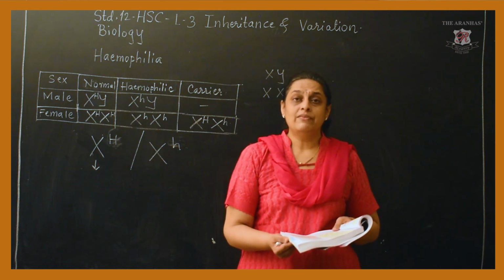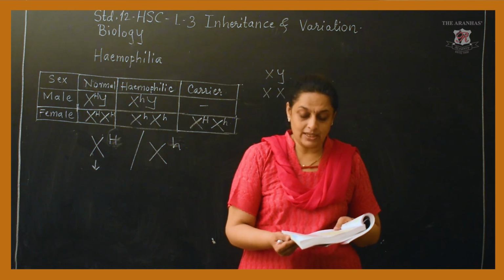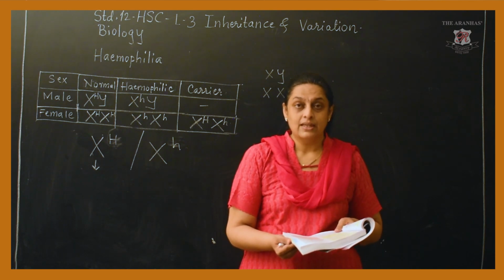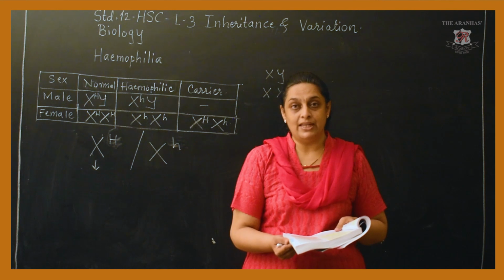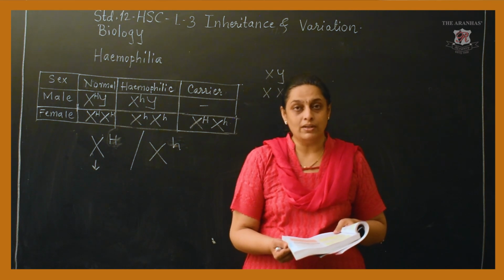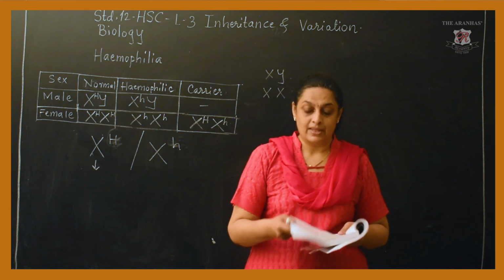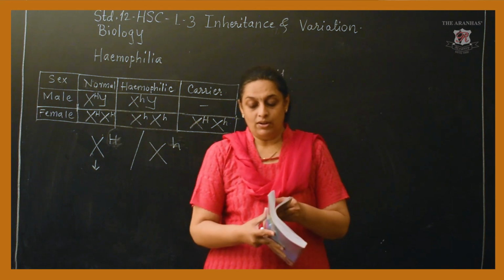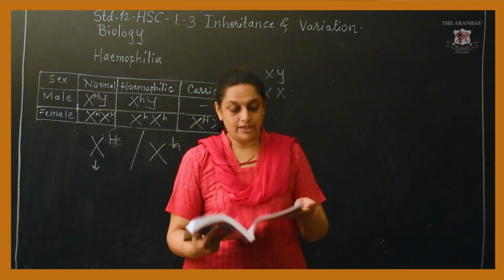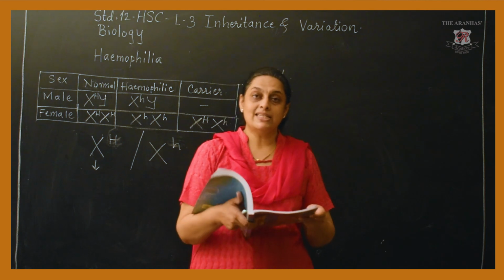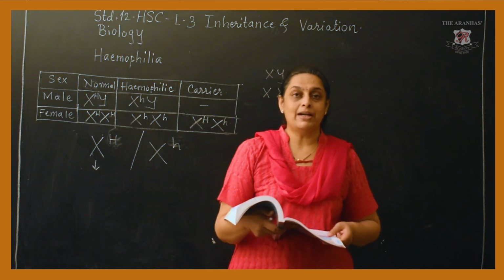It means when the father was hemophilic, the gene for hemophilia has passed on to the daughter. Now on the next page 64, we will see the next part of the cross.